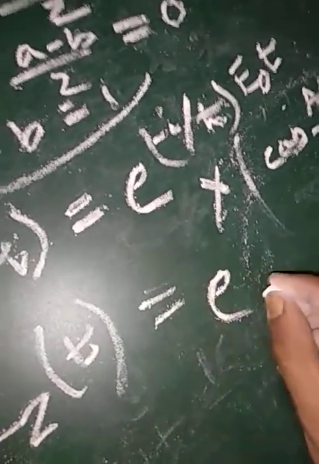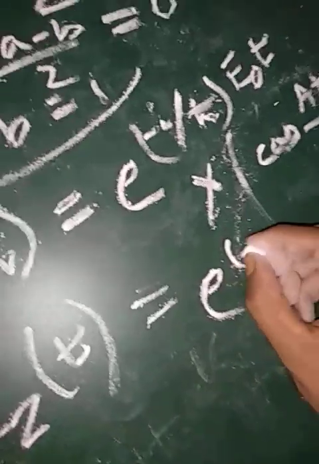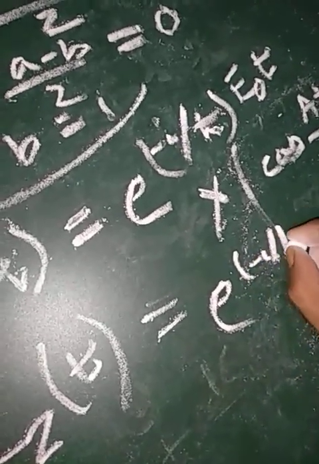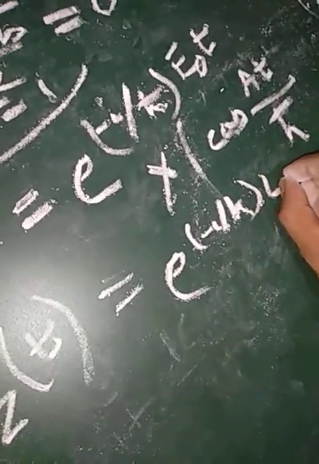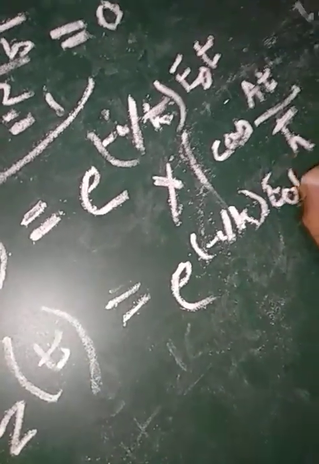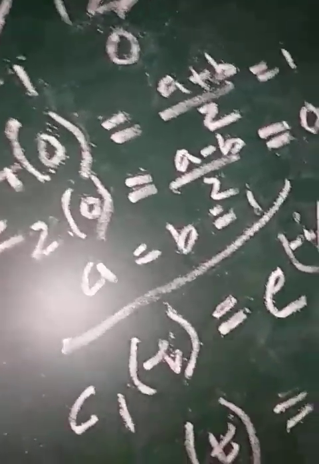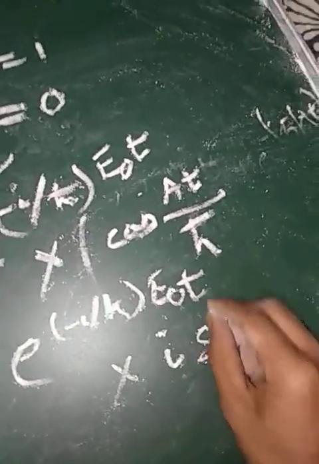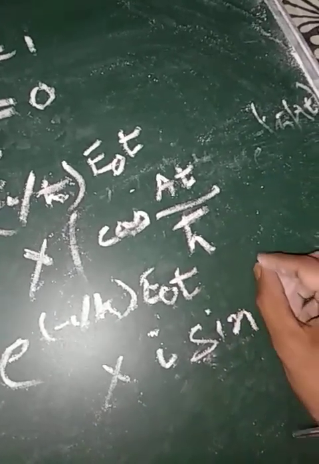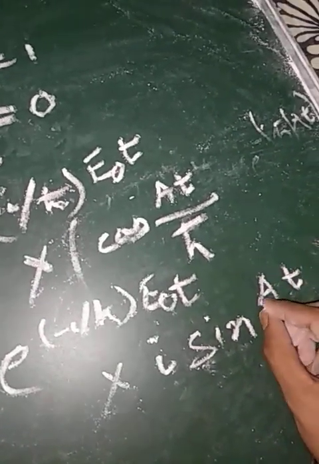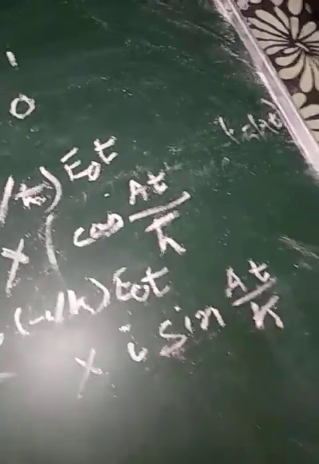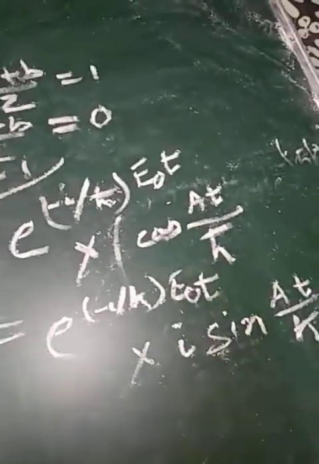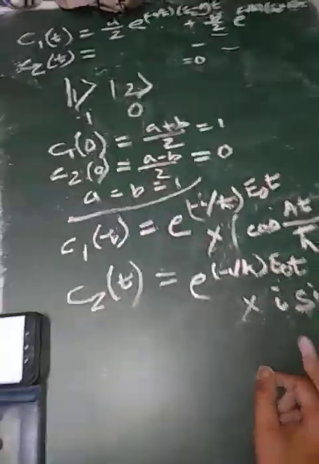It will be equal to e to the power minus i by h cut E naught t times i sin At by h cut. You see a symmetry between the two equations? Yes, I see it.